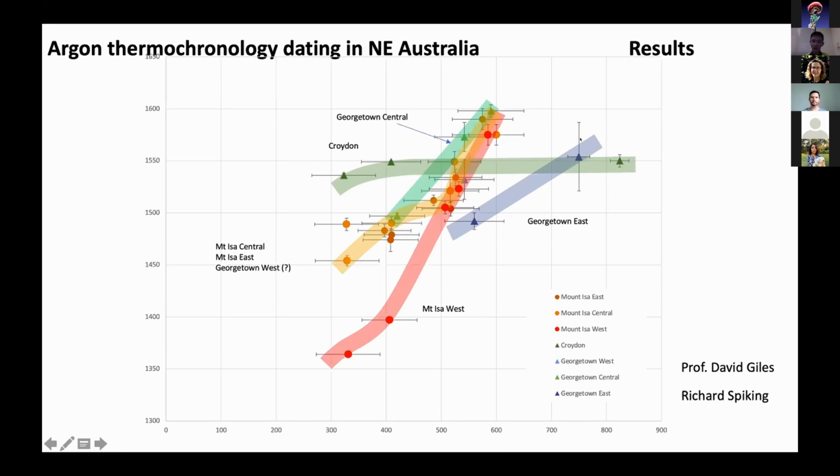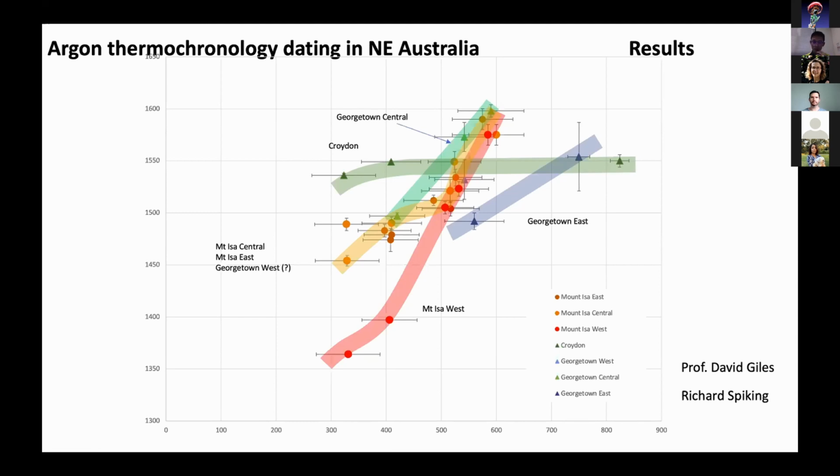And the slow cooling here is the Western Mount Isa. It seems that the Western Mount Isa, the Sibylla area, is pretty stable, kind of isolated a bit, and wasn't cooling so fast.